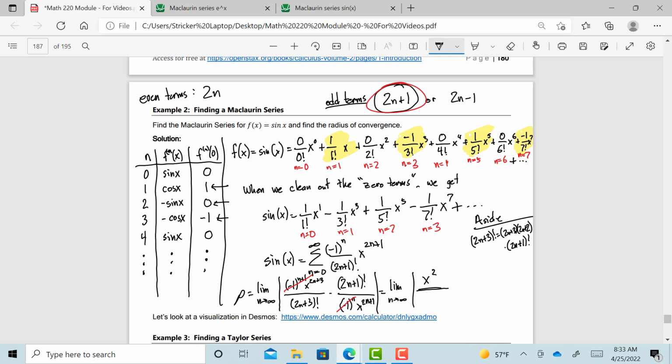So when we cancel out with the 2n plus 1 factorial on the top, we're left with 2n plus 3 times 2n plus 2. And again, as n approaches infinity, the denominator is going to go to infinity, so this limit is going to give us 0, which is always less than 1. So R is going to be equal to infinity. We're going to have sine of x is equal to this power series for all values of x.